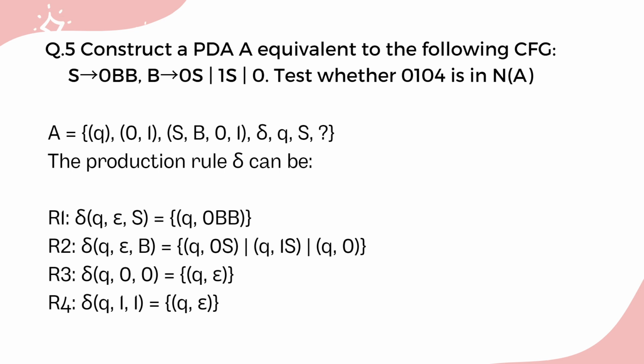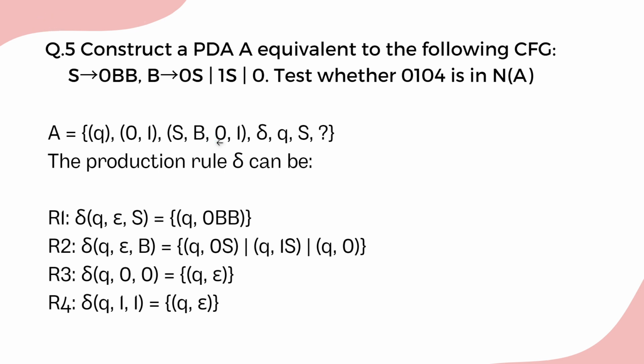This is the last question, in which we have to construct a pushdown automaton equivalent to the following CFG. We have been given a context-free grammar, and we have to test whether 0100000 is in N(A).